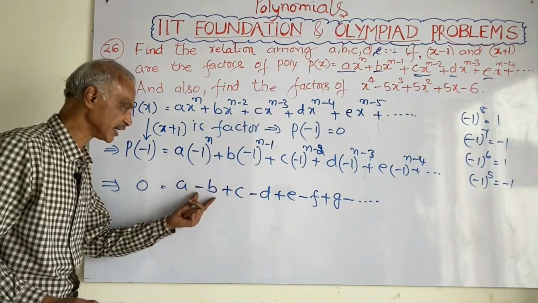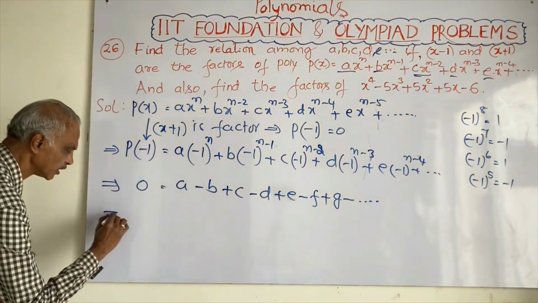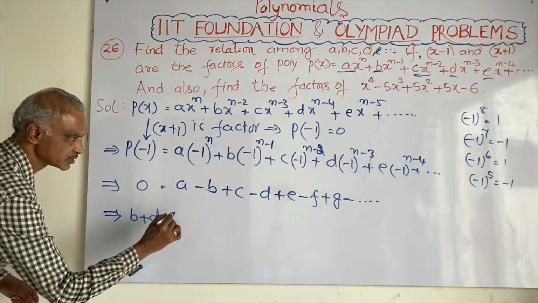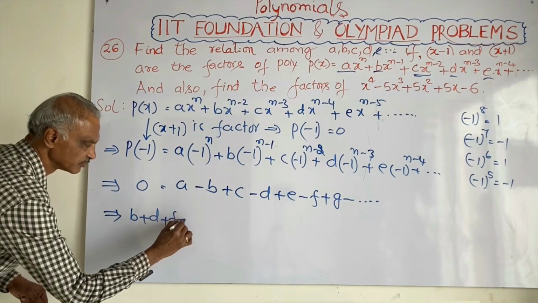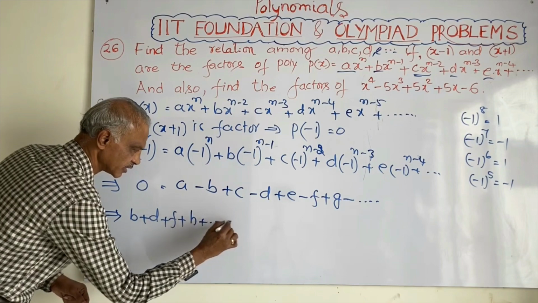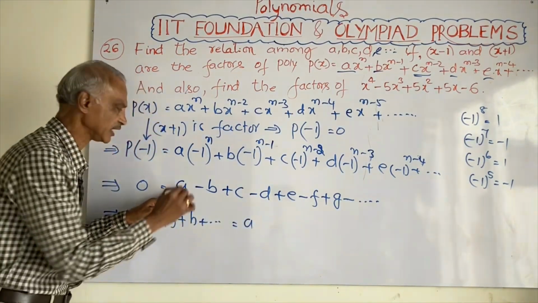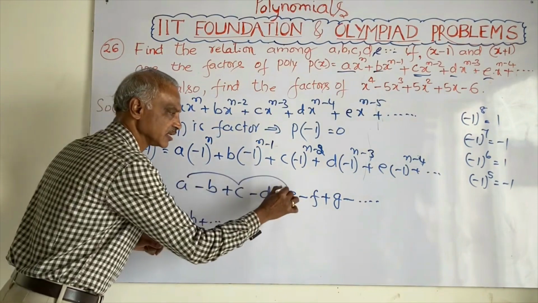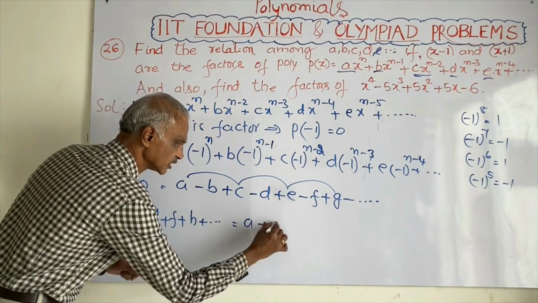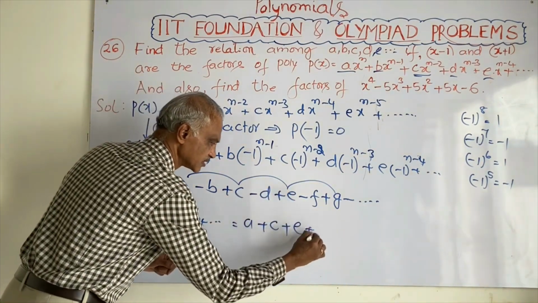Now minus b minus d minus f, this side it implies b plus d plus f plus h, like that, is equal to a plus c plus e plus g.